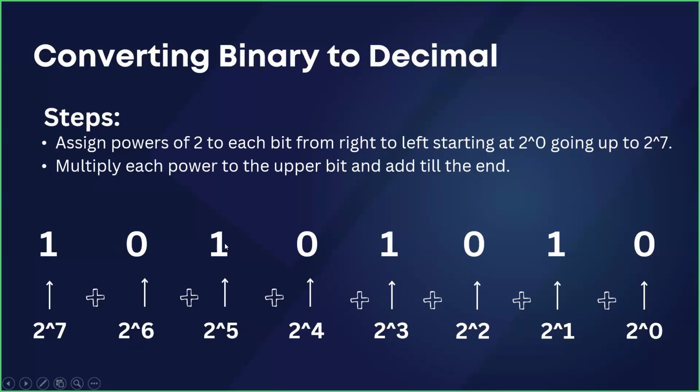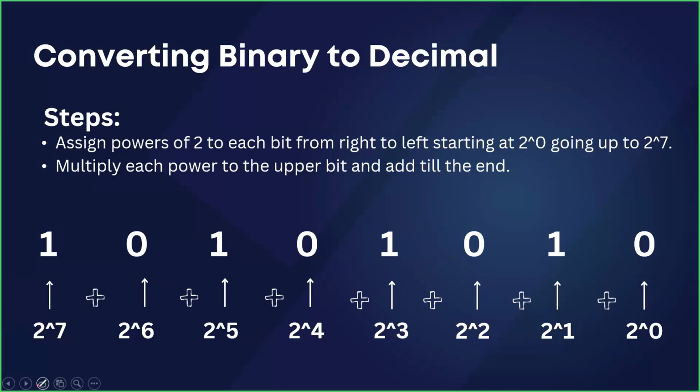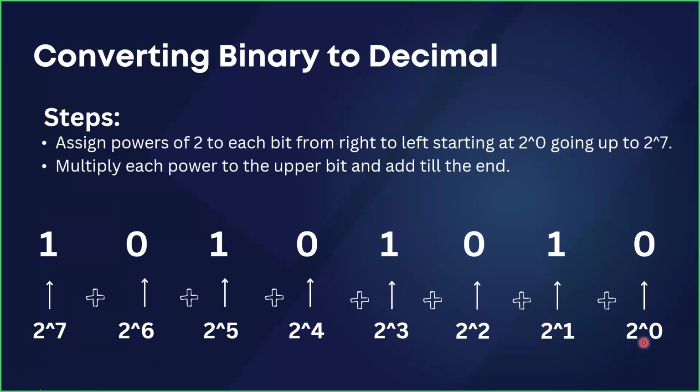So no matter what the binary bits on the top are, you just write down the values from 2 power 0 all the way up to 2 power 7 and then multiply the lower value with the top bit. Okay, 2 power 0 into whatever is on the top, plus, let me use my pen, maybe that's better. One second, guys. My bad. Pointer options. Yeah, much better. 2 power 1 into 1, plus 2 power 2 into 0, plus 2 power 3 into 1, etc. till the end.